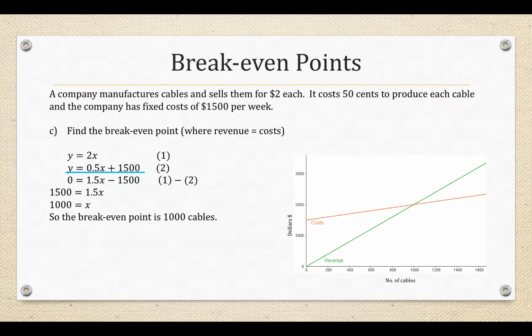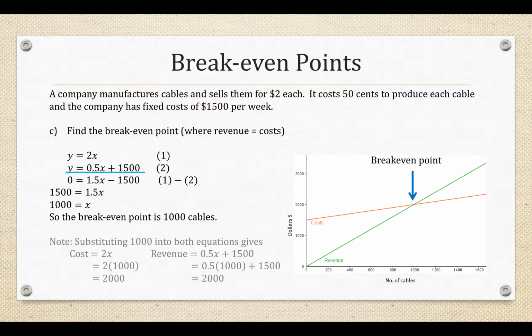If we have a look at that on the graph, it is the intersection of the cost and the revenue, so where the two lines cross. We can double check this by substituting 1,000 into both equations. By substituting 1,000 into the cost equation, we get $2,000.